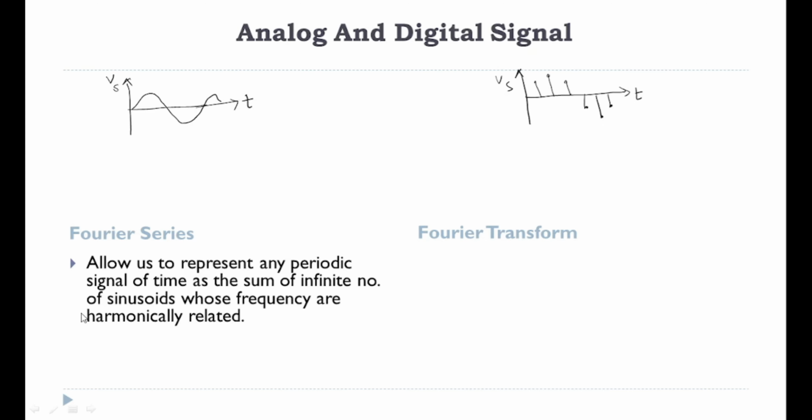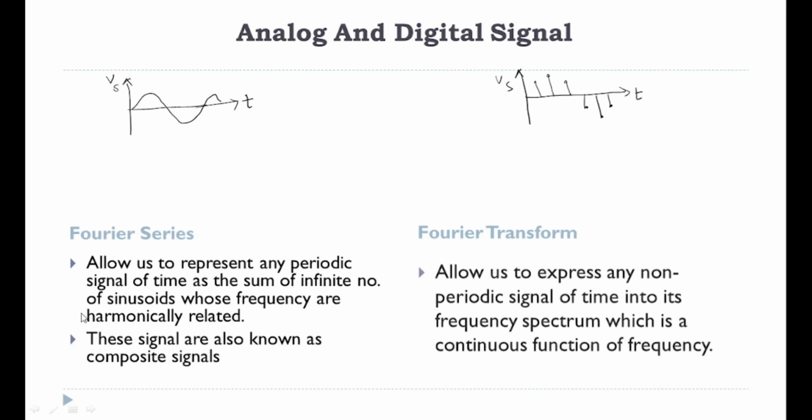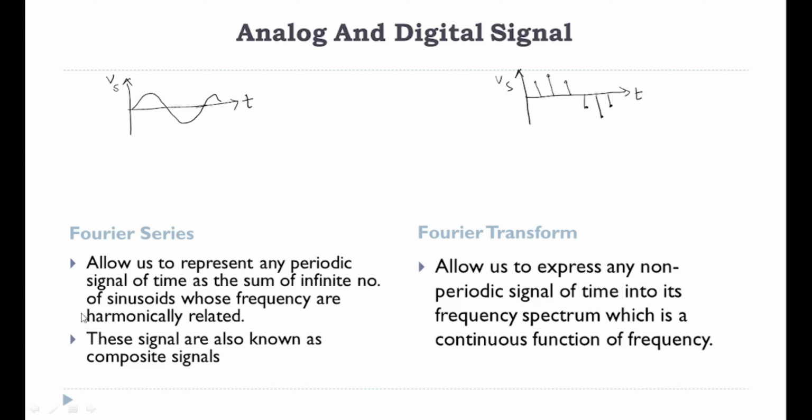So these are also known as composite signals. And Fourier transform allows us to express any non-periodic signal of time in terms of its frequency spectrum, which is a continuous function of frequency. So if we represent the voltage signal as a sine wave function, it is like that.